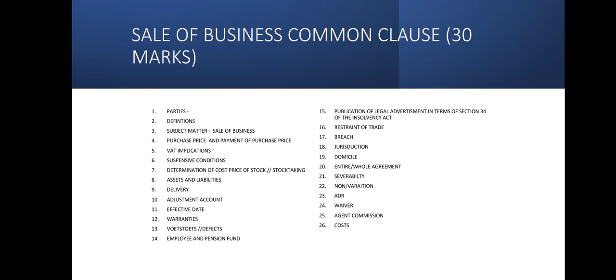Initially, the most important is always the parties to the agreement, the various parties involved. In this case, it would be a buyer or purchaser, and a seller. These are the two parties, and you give the details and descriptions of the parties. You'd provide ID or FICA information specifically relating to that transaction, and they must be parties who have contractual capacity.